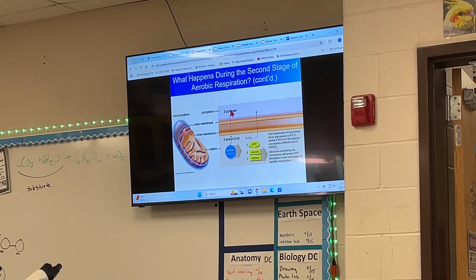Here are the pyruvates. The pyruvates are going into our acetyl-CoA formation. That's going into our Krebs cycle. And from there, we are going into the electron transport chain, which will happen next. But the Krebs cycle is going to give us some carbon dioxide, some ATP, NADH, and FADH.